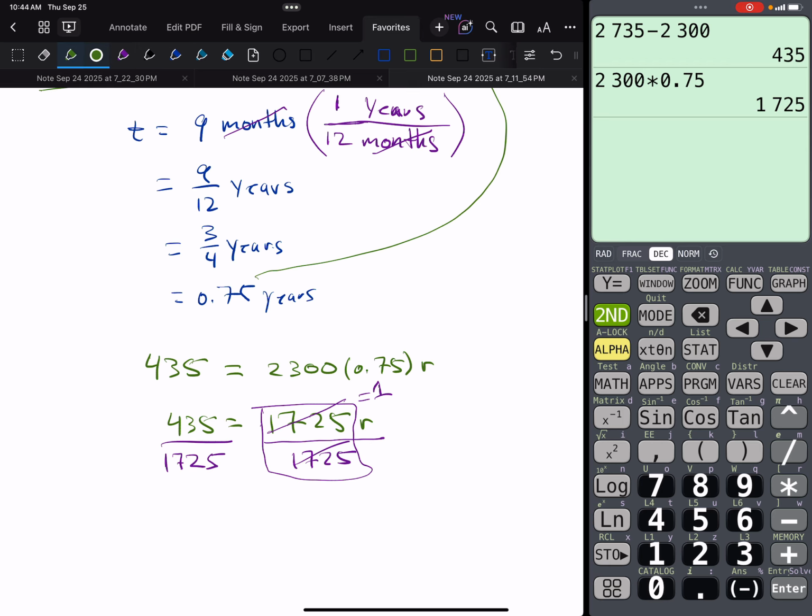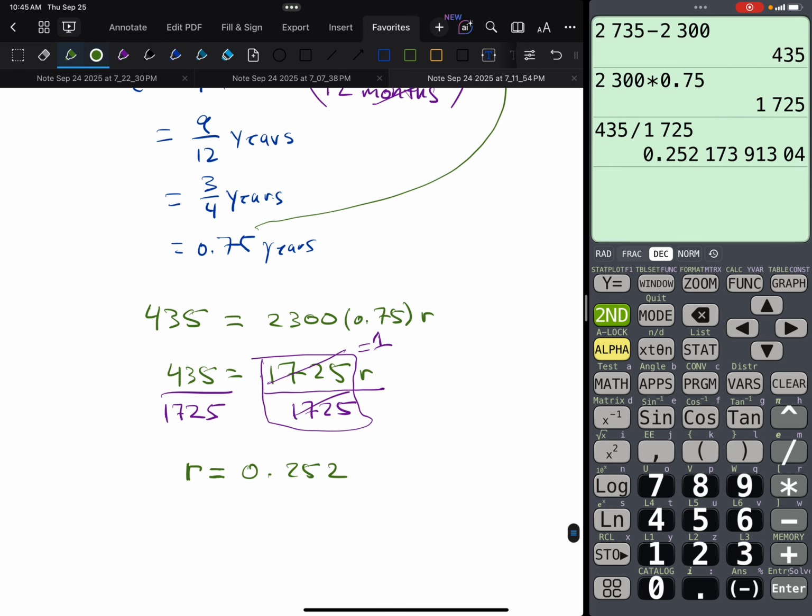So what's that going to leave me with? I'm going to flip the order of this equation from left to right. So I'm going to write R equals, and now I just have to run to the calculator and type in 435 divided by 1725. And I'm going to get something long here, and I'm going to round it to 0.252.